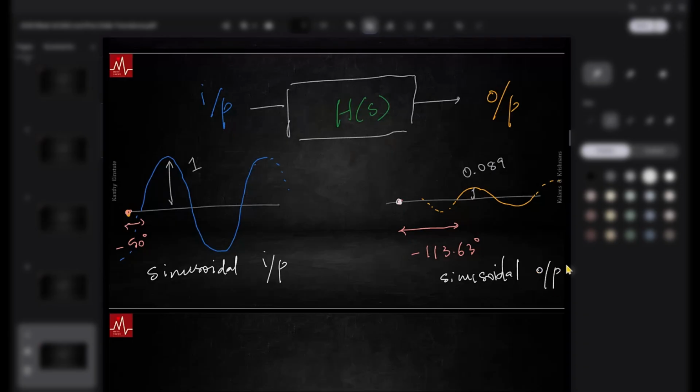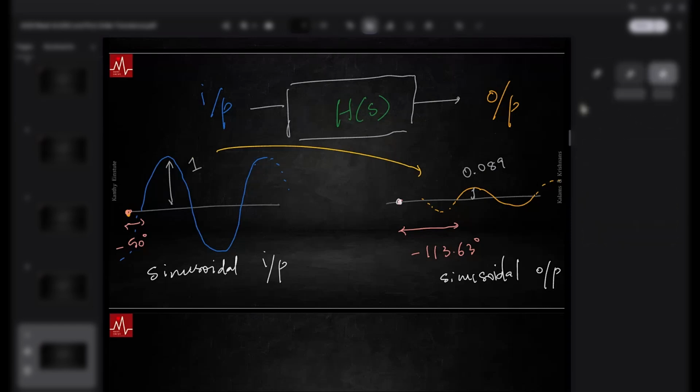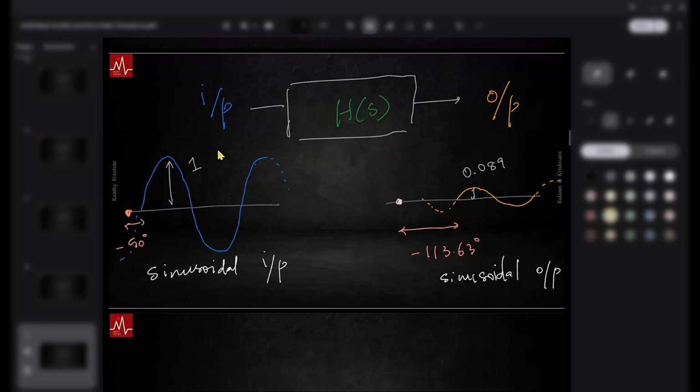So this is what we mean by frequency response. At a given frequency, what happens? If you change the frequency, how does this attenuation change? If 1 becomes 0.089, 100 becomes 8.9. These are linear systems, so if you scale the input, the output gets scaled. If you change the frequency, the amplitude and phase change too. That is characterized by H of s.